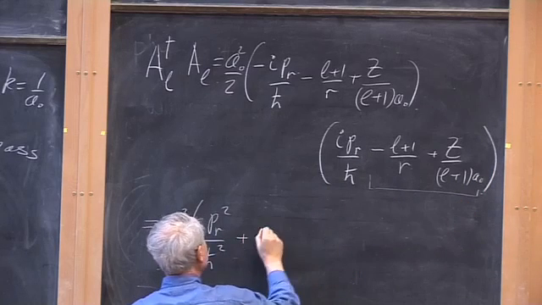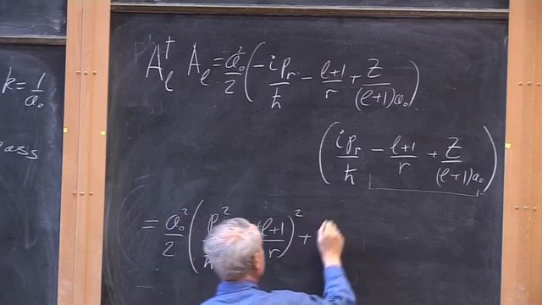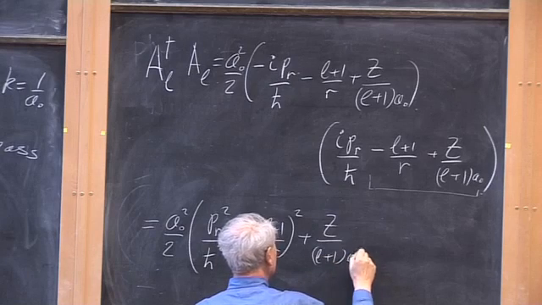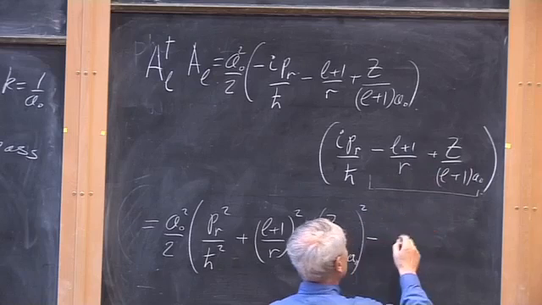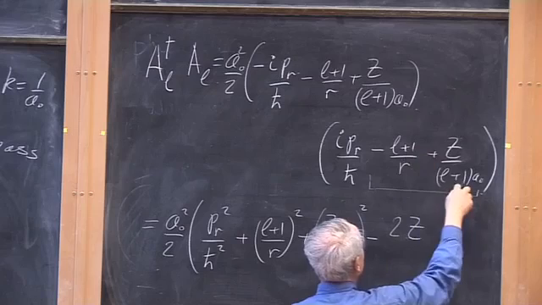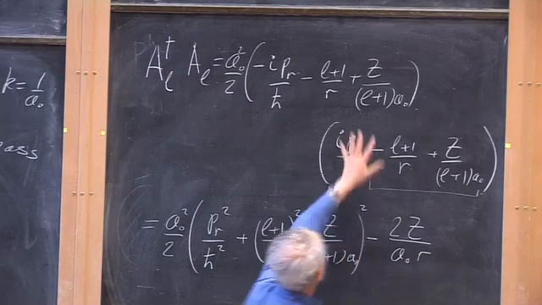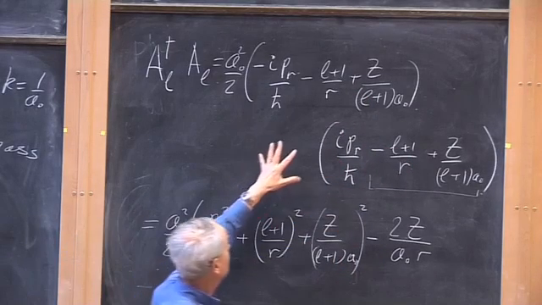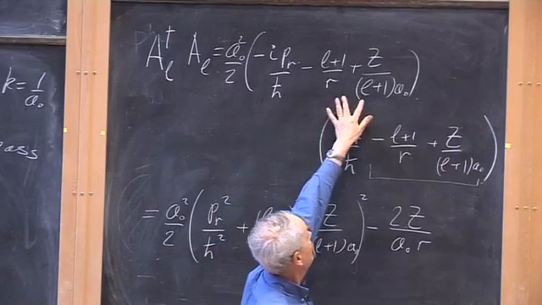So we have plus (l plus 1) squared over R squared plus Z squared over (l plus 1) squared A0 squared, minus the cross term here, which is going to be minus twice 2Z. Those are going to cancel, and we will have A0 R. So that's the two easy parts, right? Because it's the front thing squared plus the back thing squared.